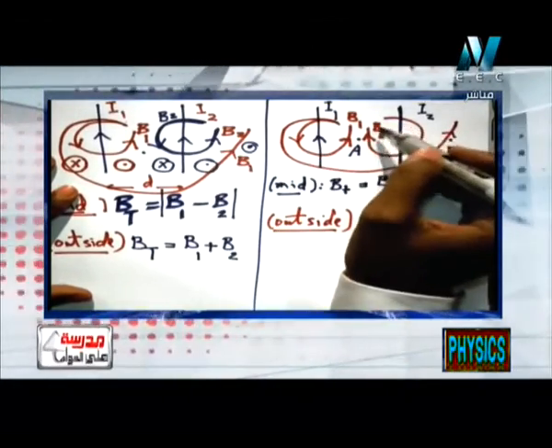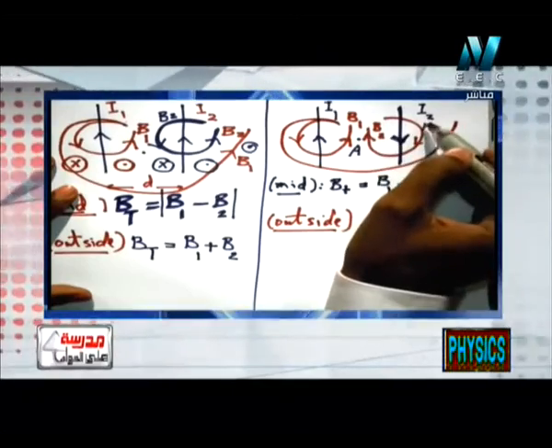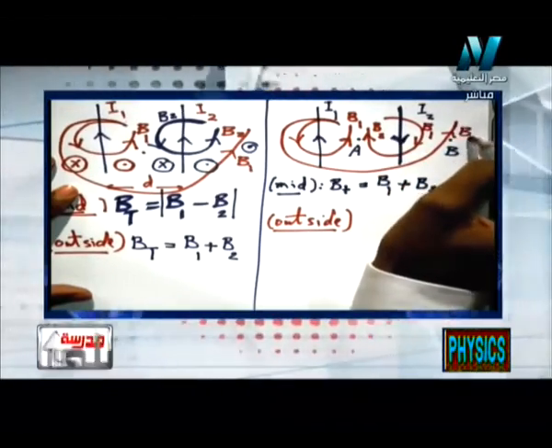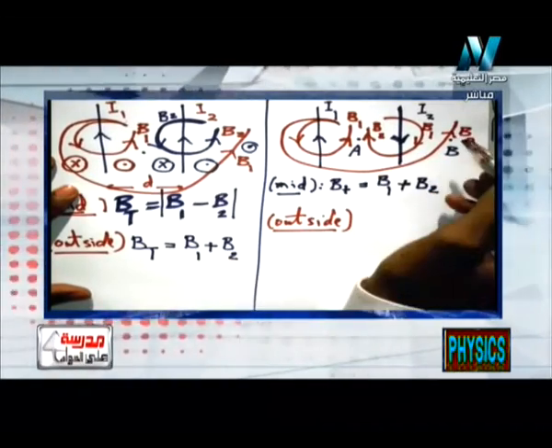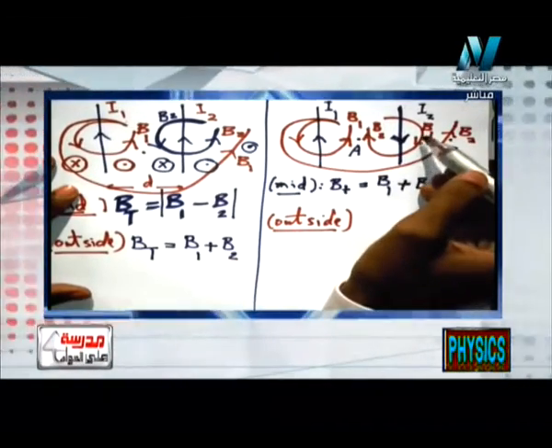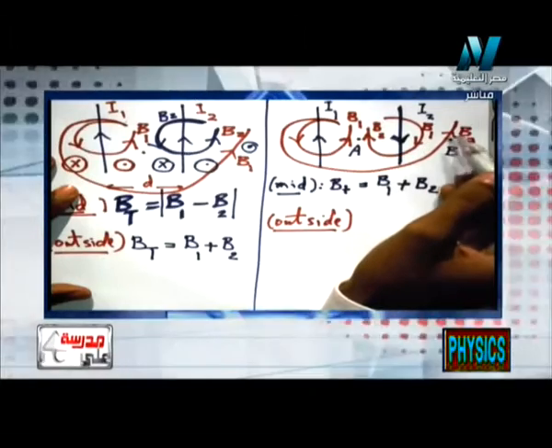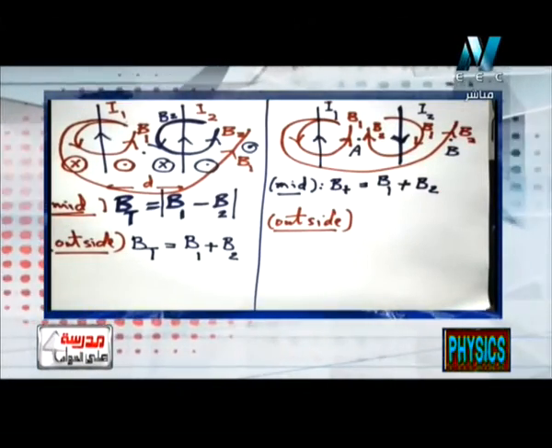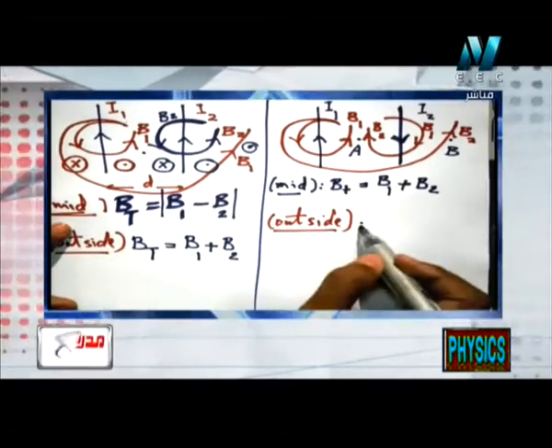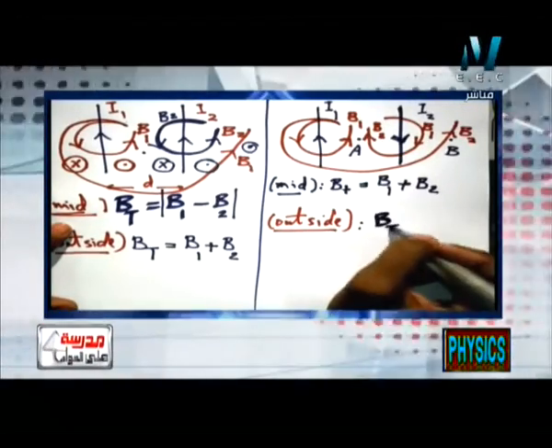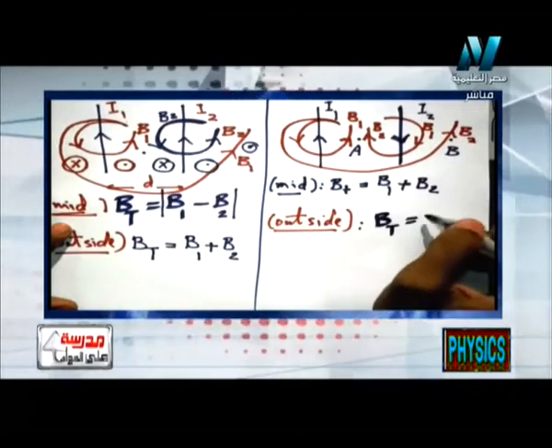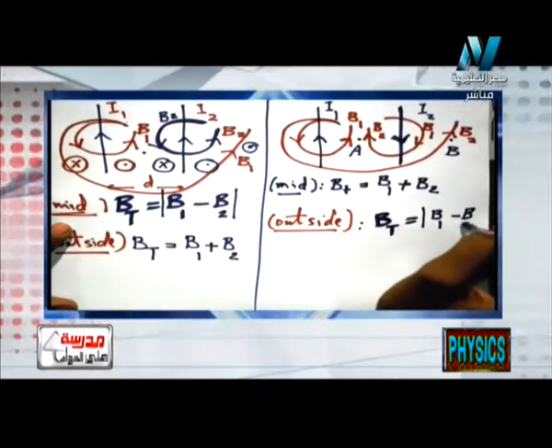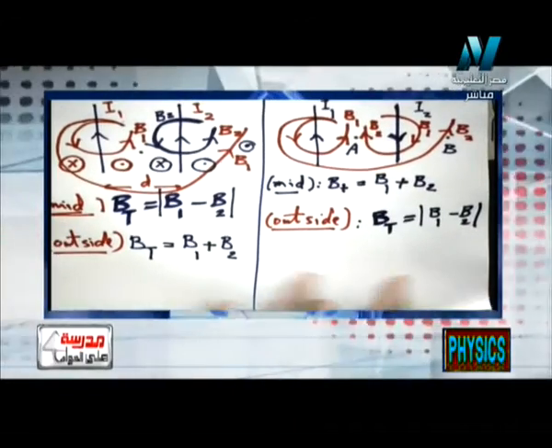So this line represents beta 1 and the other line represents beta 2. So at point B, we can see that beta 1 is in the opposite direction to beta 2. So if we want to calculate B total at point B, it equals the absolute value of beta 1 minus beta 2.